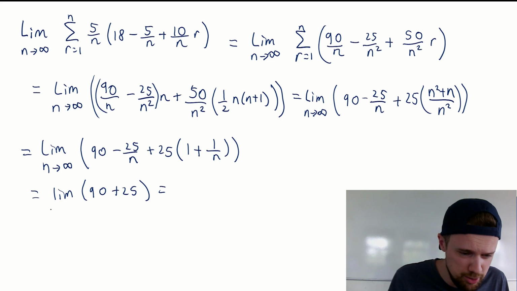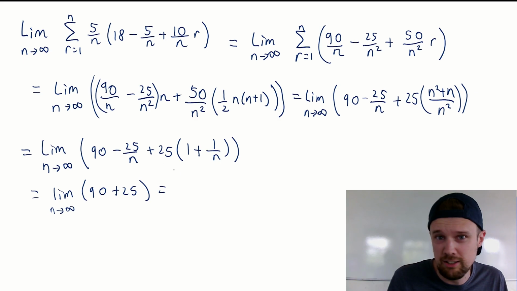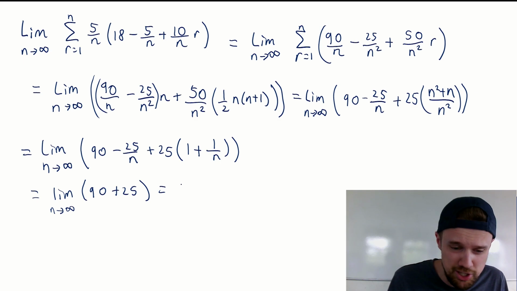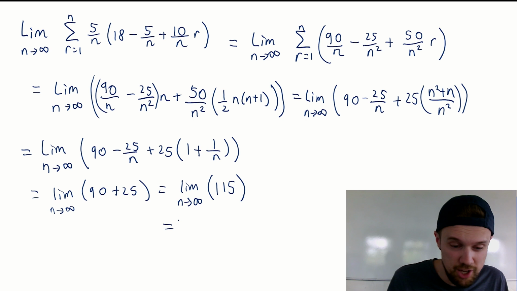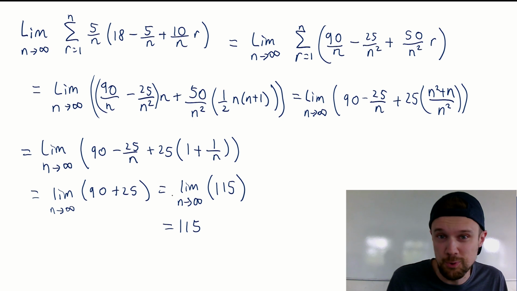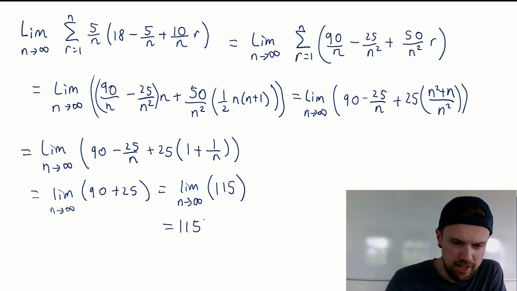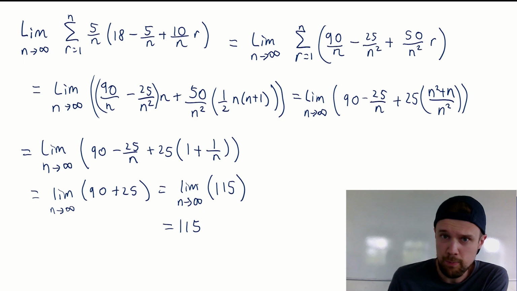Either way, you see that the things with n in didn't matter anyway because they're cancelling out, meaning we're just left with the limit as n tends towards infinity of 115, and the limit as n tends towards infinity of 115 is just 115 because there's no n's to tend toward infinity anymore in that expression. So there you go. That's the second one done. That was interesting that the n's cancelled out. So that's something worth noting. Would that always happen?